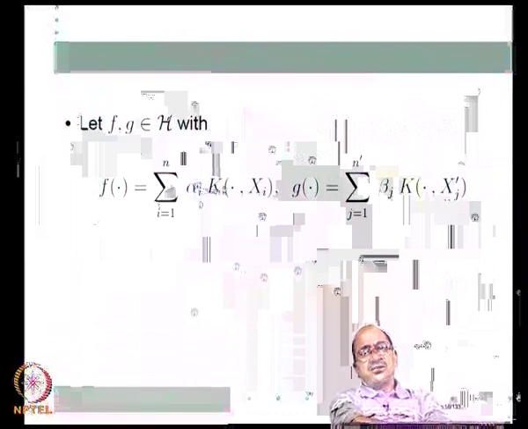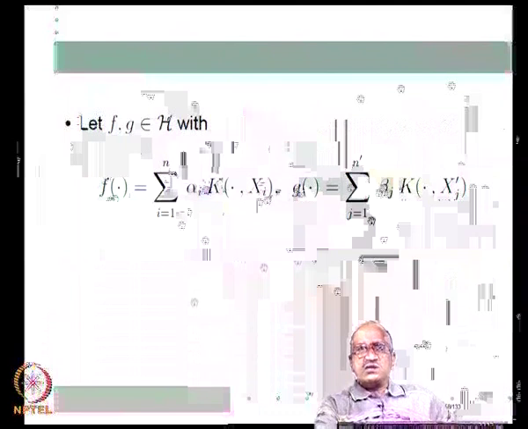So, x_1, x_2, ..., x_n and x_1 prime, x_2 prime, ..., x_n prime prime are all arbitrary. I took n and n prime to be different because the two functions may have different numbers of terms when they are represented as linear combinations of kernels. So, given two functions f and g like this, we will define the inner product.